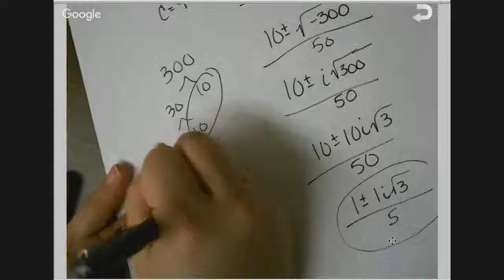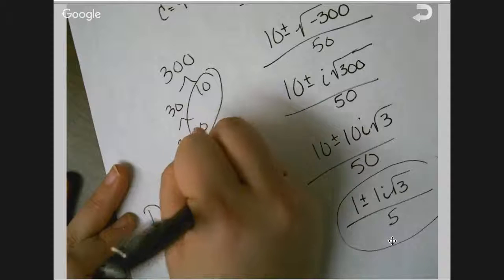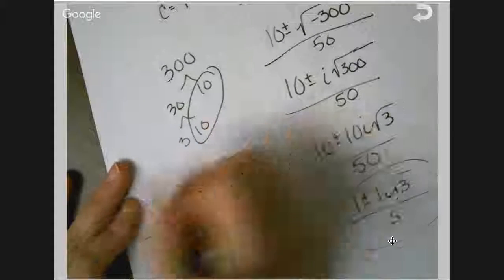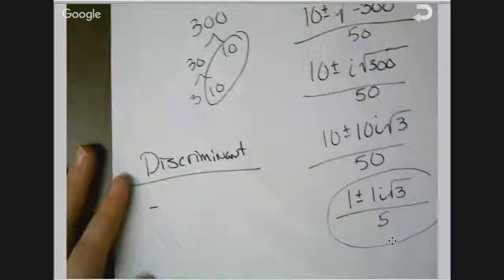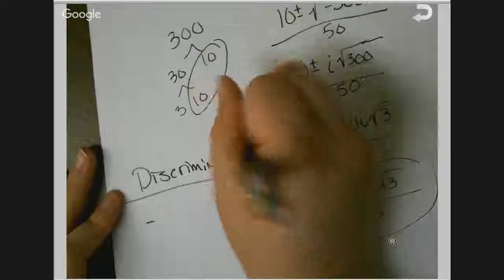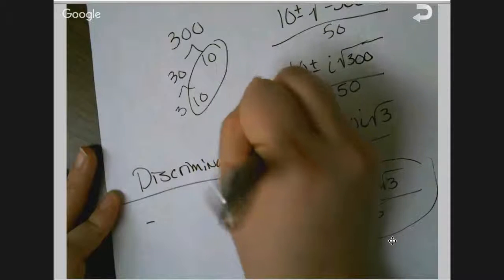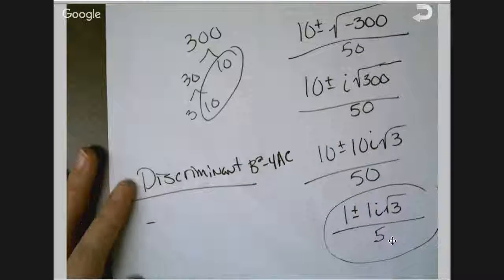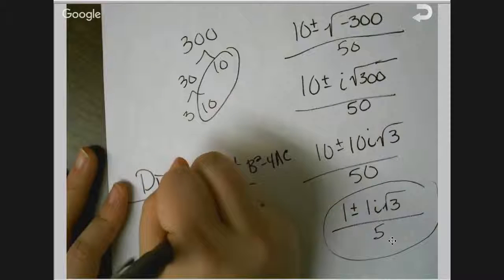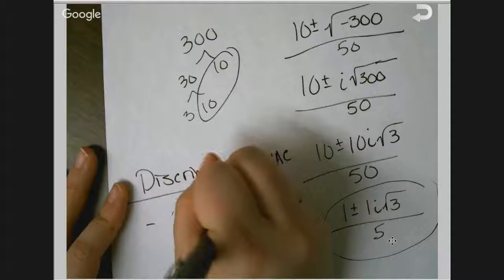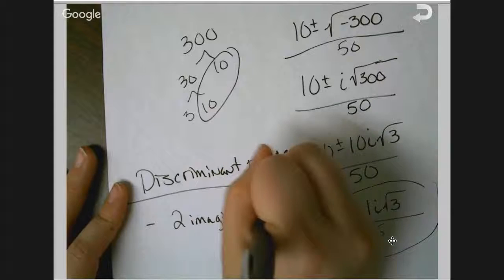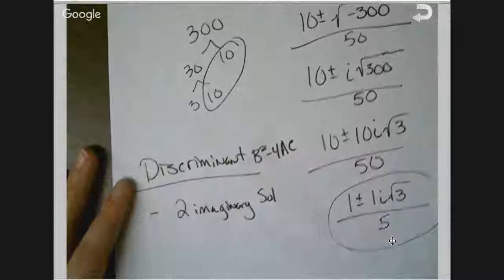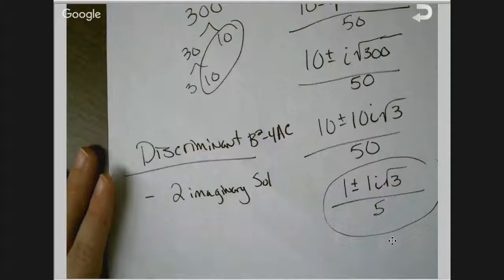So if your discriminant is negative, so you plug it in and you get a negative, and your discriminant's b squared minus 4ac, then you have 2 imaginary solutions. Okay? If that's the only thing that they're asking for, that's all you have to do.